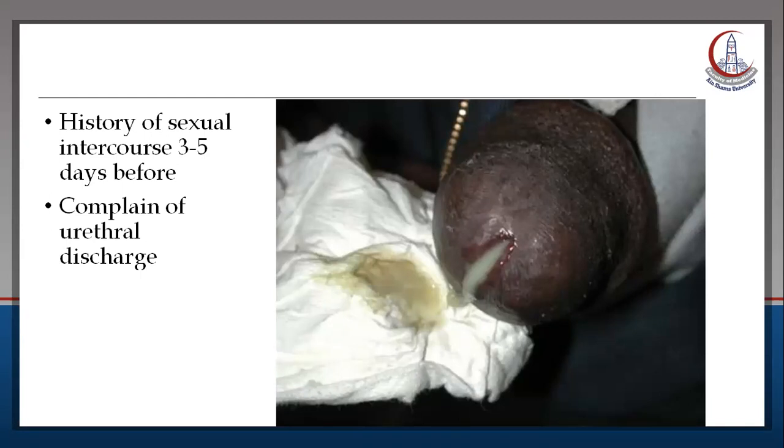The last way is what we call ophthalmia neonatorum, which happens when a carrier female with gonorrhea transmits the organism to the eye of her offspring through vaginal delivery.